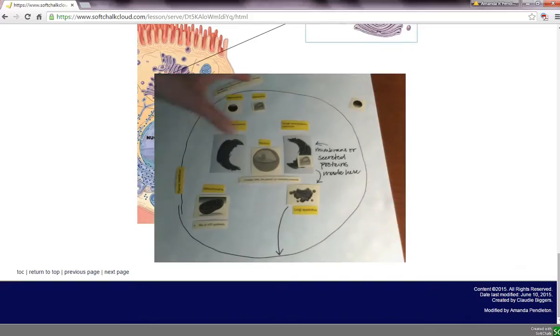If hydrogen peroxide is inside of your cell, then you can expect that your cell is going to have a lot of its molecules damaged, because that's what hydrogen peroxide does.